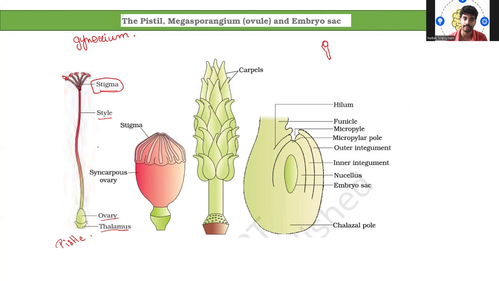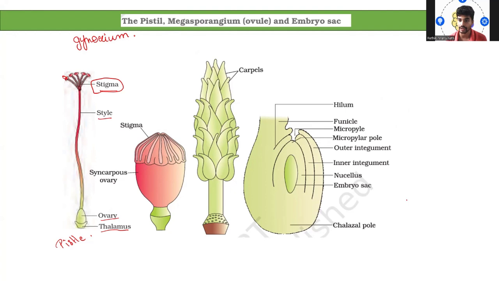As I told, in the pistil you have the ovary. Within the ovary, you will see the ovule, which is nothing but the megasporangium. The ovule is a very small structure attached to the placenta by means of a stalk, which is called the funicle.